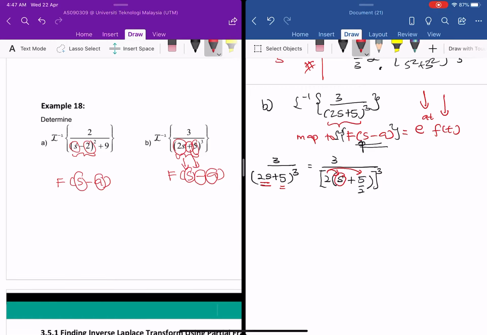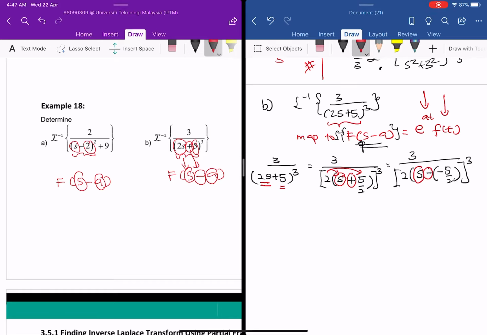Now we still have a problem. Why? Because there is a plus here. So it is equal to 3 over, as usual, 2 times (s minus negative 5 over 2) to the power of 3. So now you already have a single s here, and you already have a negative here.